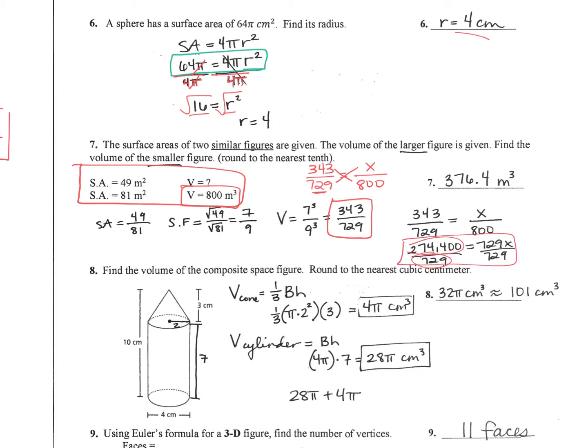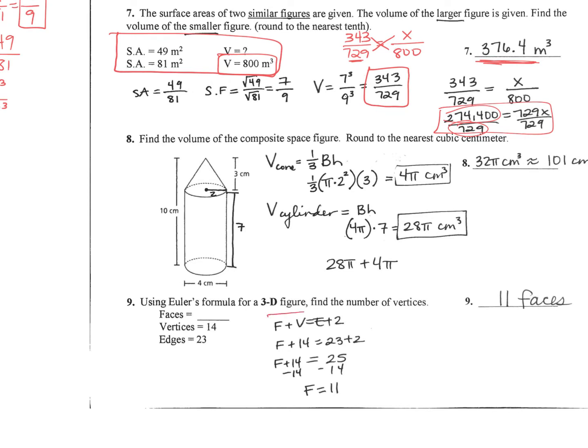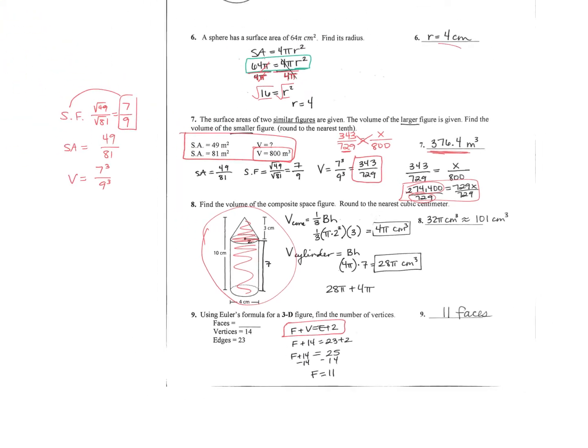This number divided by that number is your answer, which is that 376.4. Okay. Don't forget Euler's formula, F plus V equals E plus 2. Don't forget when you have a figure with multiple pieces that you just find each individual one and add them together, okay? Yeah, and all my work is there.